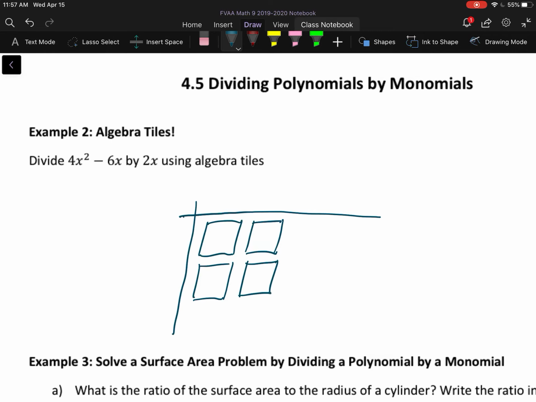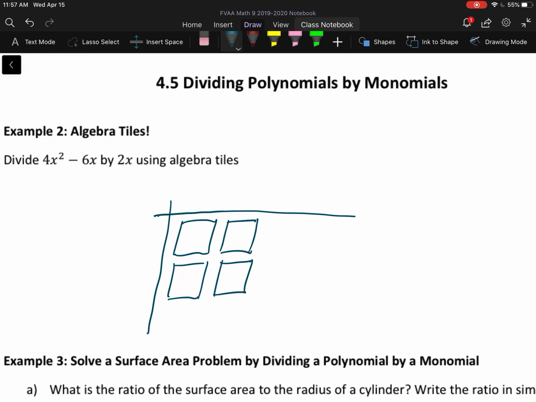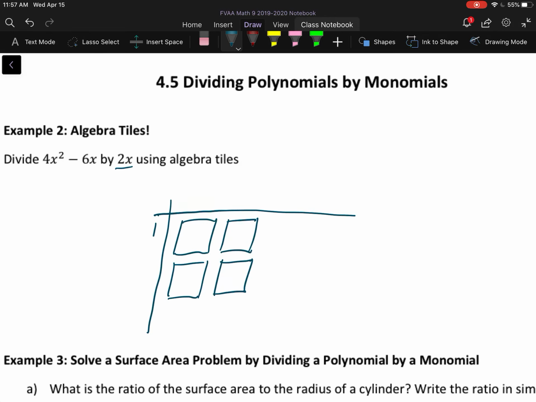You also want it to match one of your sides. So if this side is 2x, all my tiles have to fit along the same length as those 2x tiles. Of course these are shaded in here, but that length has to be seen across.